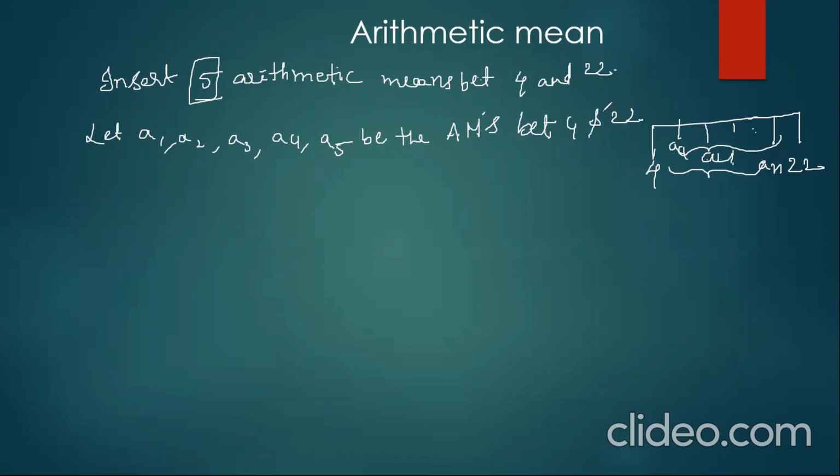Then between 4 and 22, this is our progression, right? A1, A2, A3, A4, A5.